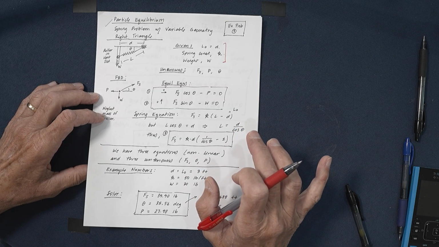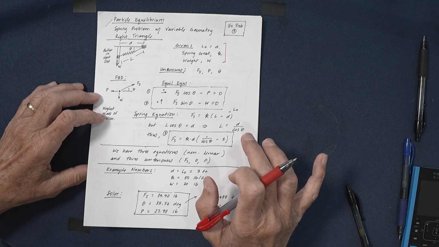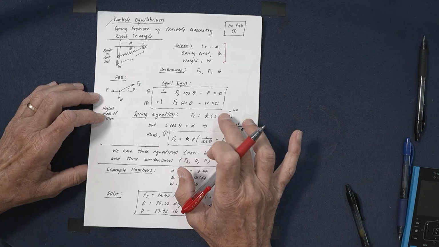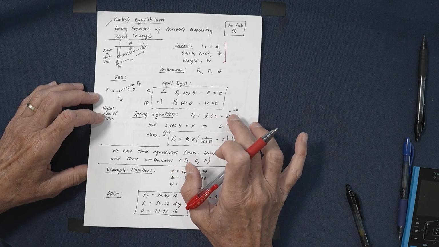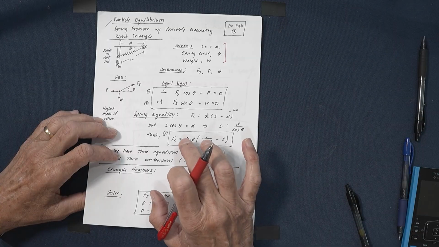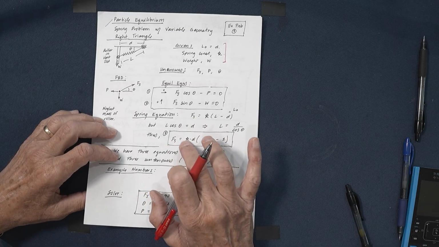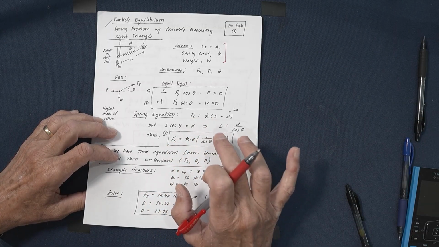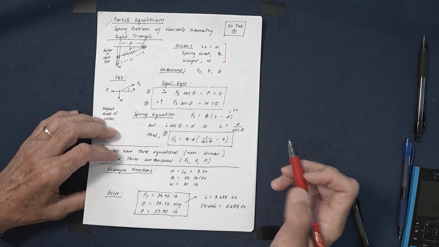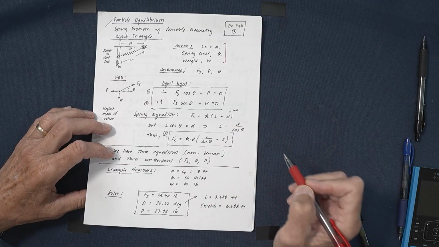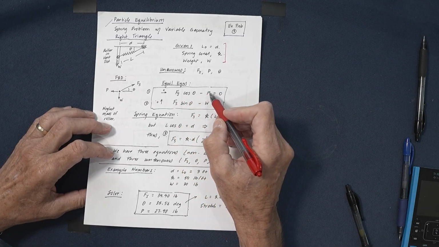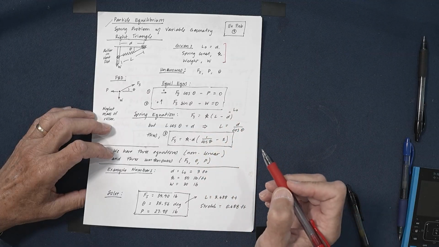And so I can plug in D over cosine theta for L. And there's a D here, and so I can factor out a D. And so I'm left with Fs is equal to spring constant times D times 1 over cosine theta minus 1. And so this gives me 3 equations that I can solve for 3 unknowns, Fs, P, and theta.